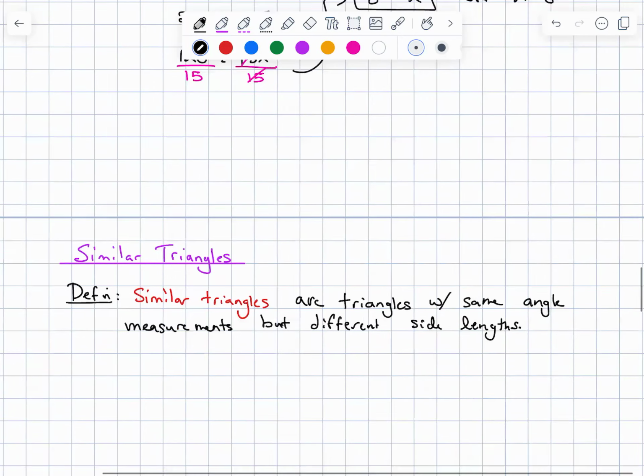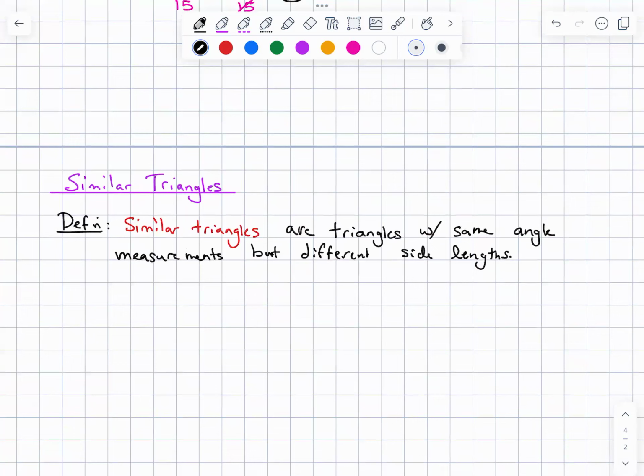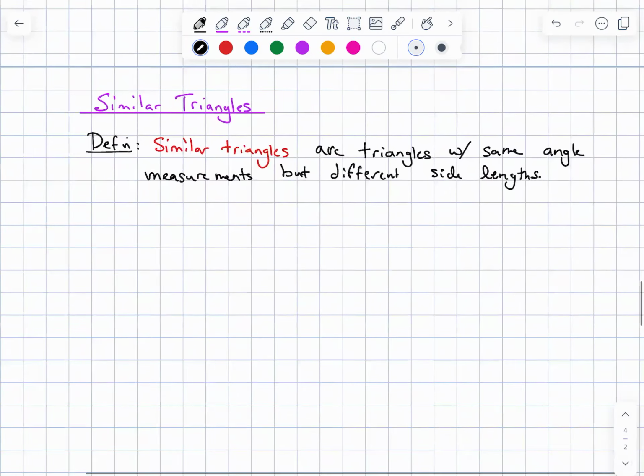And so, as an example of this, one of the ones that they love to throw at you on SATs and things like that is inscribed similar triangles, and I'll show you what that is. So we're going to draw a large triangle right here.